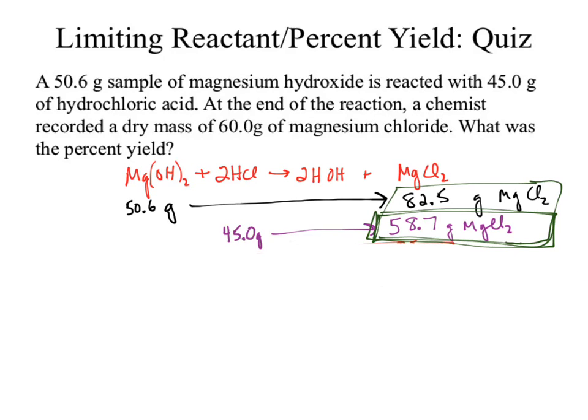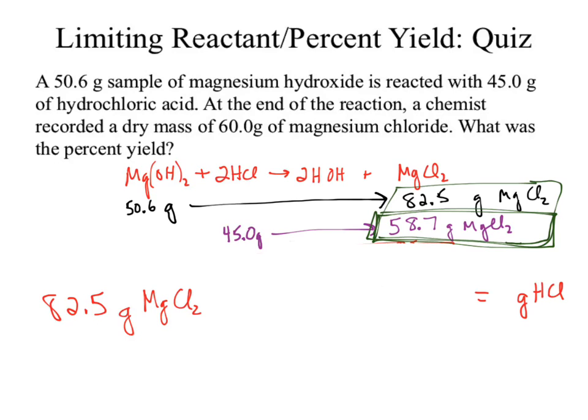If I need to make 82.5 grams of magnesium chloride, that's what I've got to make. I want to know how much hydrochloric acid I need to add to get that, which means my answer needs to be in what units? Grams of hydrochloric acid.